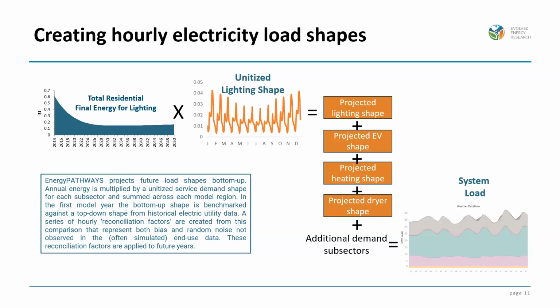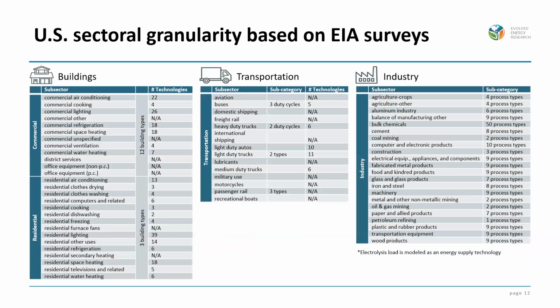As we continue to improve the underlying unitized shapes for each of these subsectors, the hope is that that reconciliation step becomes less vital as a correction, and the importance of that particular step goes down. So I mentioned the sectoral granularity.